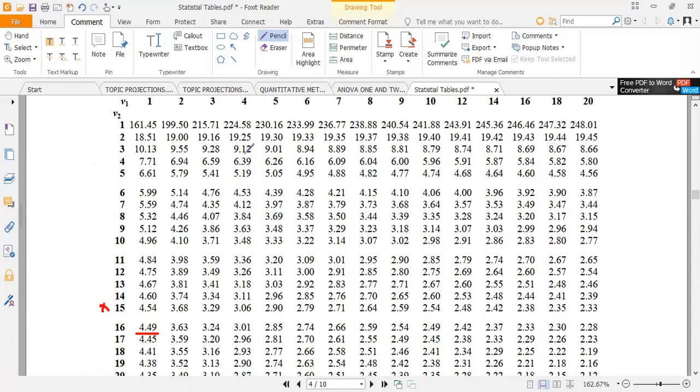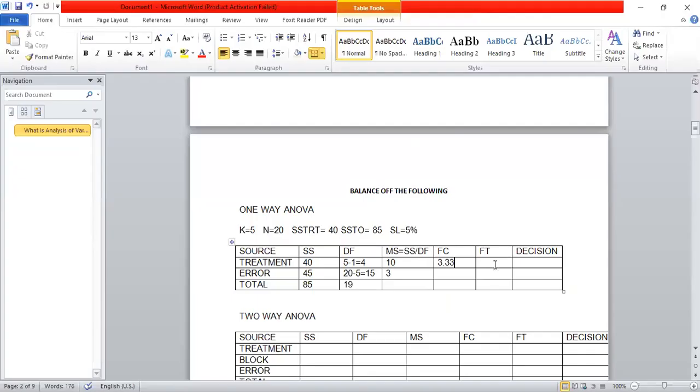Then there we check under what? 4. So where do they meet? 3.06. So here we put 3.06. Then our decision will always be when this figure is more than that, we reject.